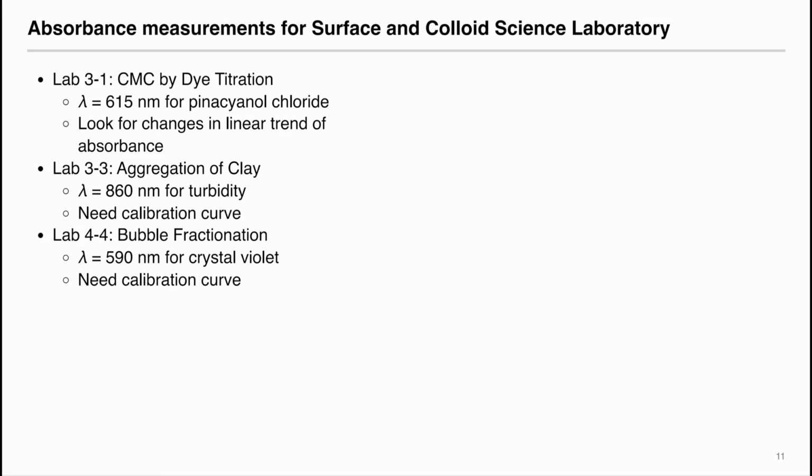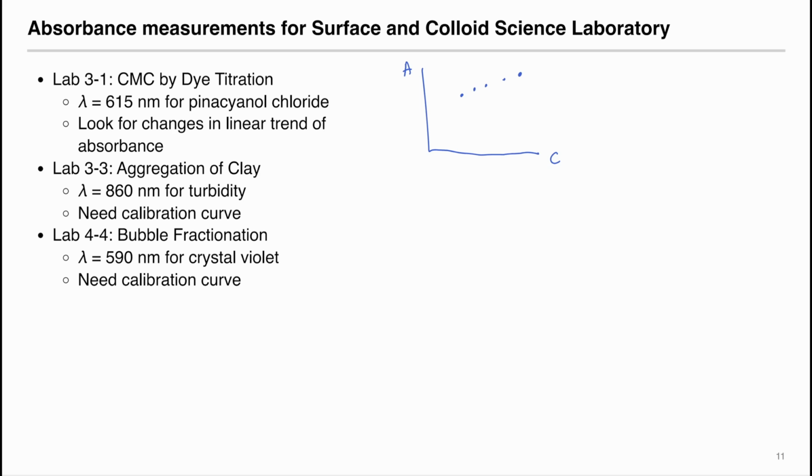Now we know how to obtain absorbance measurements using a microplate reader, but why do we need it in the first place? In Lab 3.1, where we're determining the critical micelle concentration, or CMC, using dye titration, we're looking at solutions of different concentrations and measuring their absorbance. At the higher concentration, we have some absorbance, and as we dilute the solution, we see a linear decrease of the absorbance.